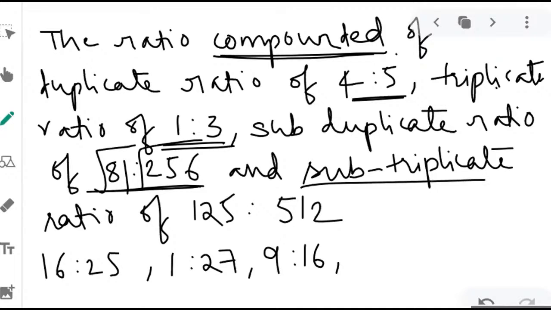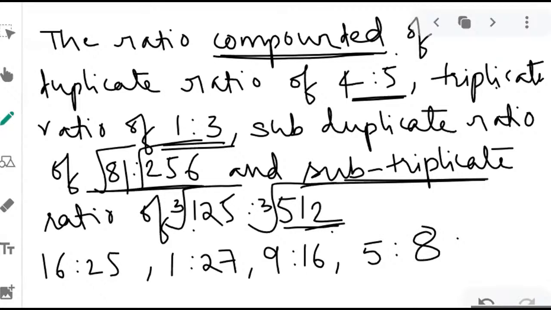And subtriplicate ratio of 125 is to 512. That is cube root. 5 is to 8.